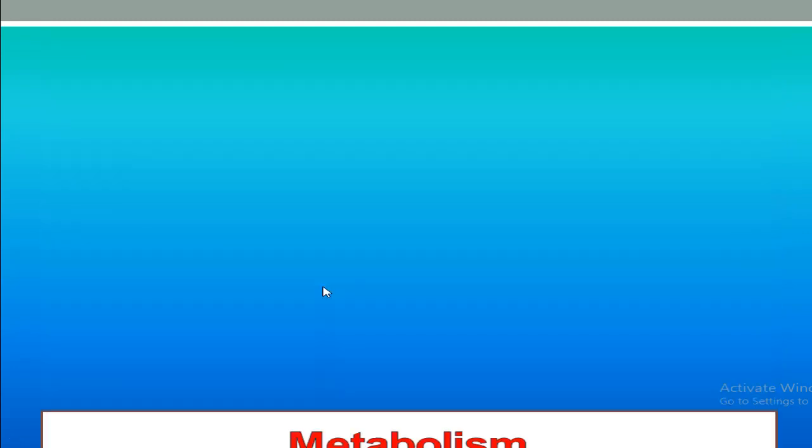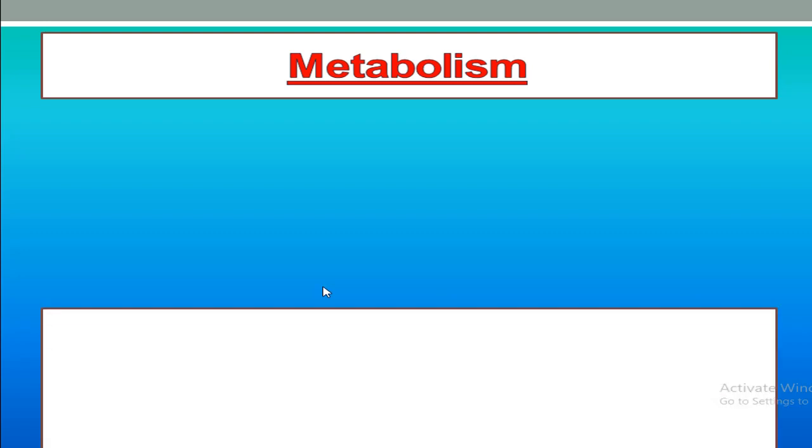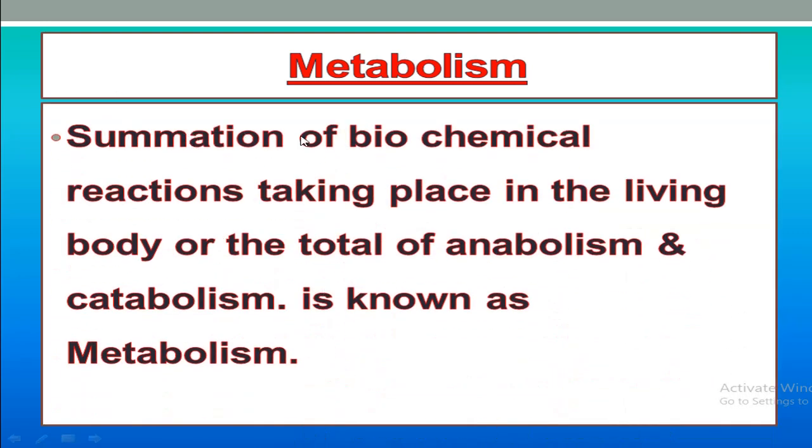Right. Then we will go to learn about what metabolism is. Metabolism means the summation of anabolism and catabolism. The summation of biochemical reactions taking place in the living body, or total anabolism and catabolism, is known as metabolism.